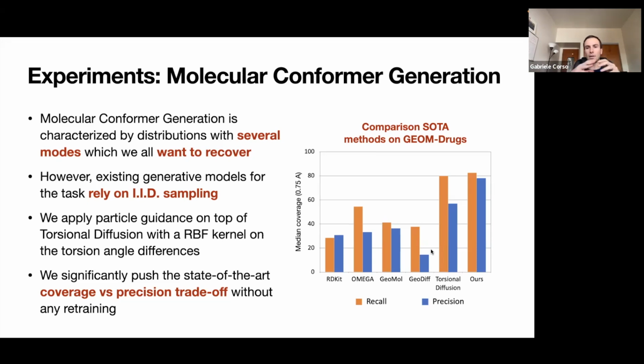One can improve this precision, for example by sampling at a lower temperature, but this creates a trade-off with recall. So you should really see it as a precision-coverage trade-off. You have this Pareto frontier, and you can change this Pareto frontier. Unfortunately, people report these numbers in tables, so it's very hard to show this Pareto frontier.